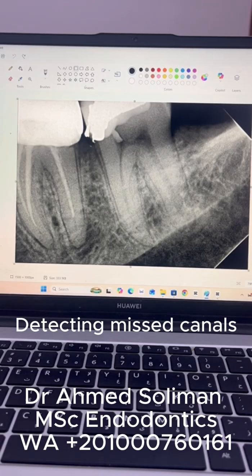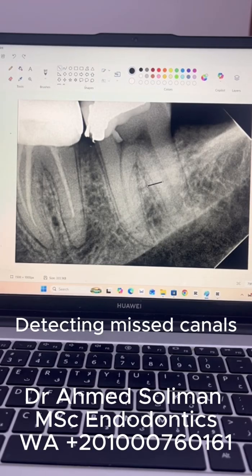So when I focus on this middle third, I go root by root. If I take this root, you can see the boundaries of the root and the canal inside. If you measure from the very start of the root to the very start of the canal from this side, and measure again from the other side, you see exactly the same.